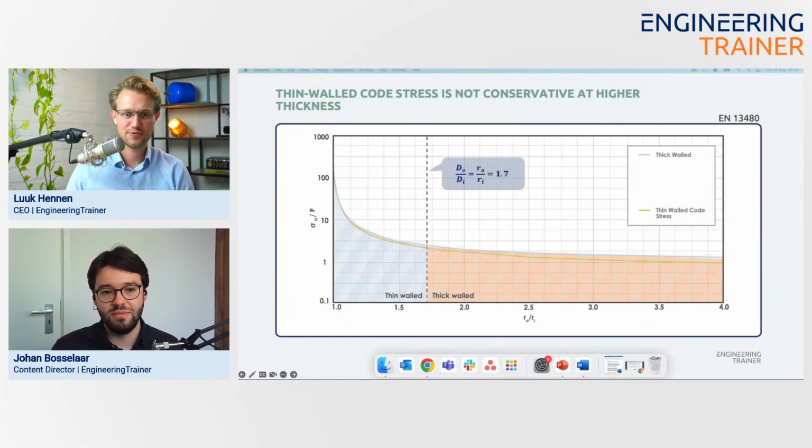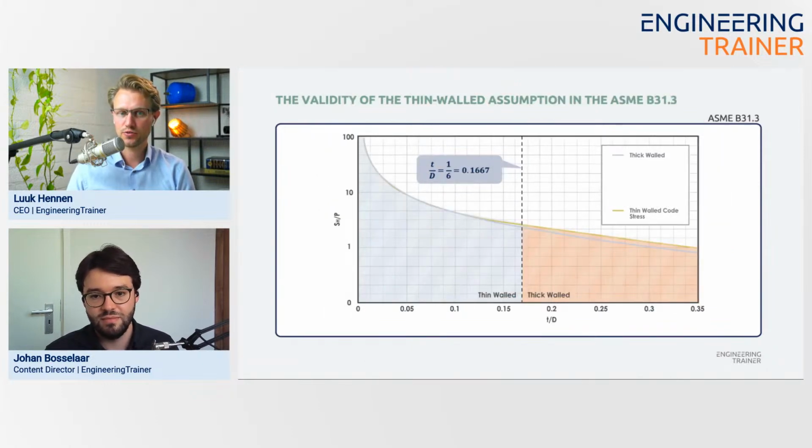Yeah, that is true. How about the B31.3? Let's go to that one. Please be aware that their definition is a different ratio: the thickness divided by the diameter, which is 1/6 or 0.1667. It's also often written a little bit differently.